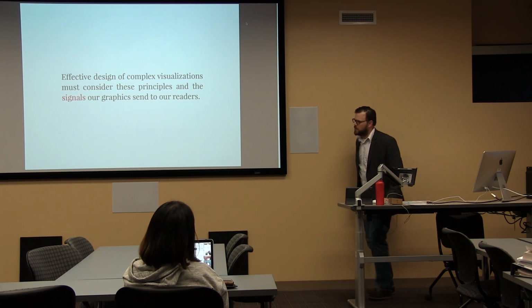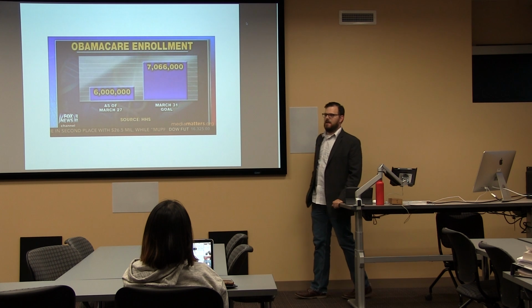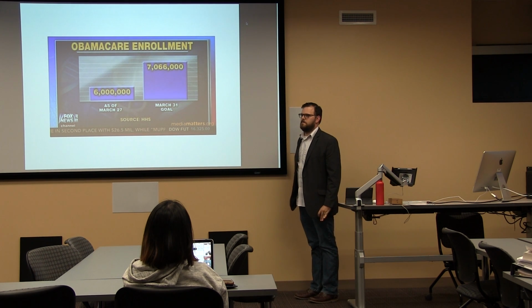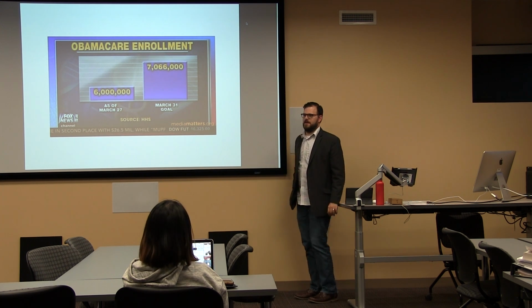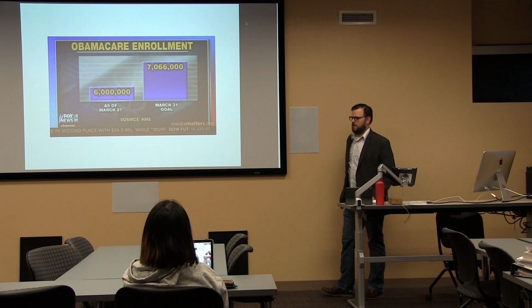So it's time for a quick quiz. Can anyone tell me what's wrong with this graph? Just shout it out if you have an idea. There might be a couple things. The scale is weird, right? Right, that's right.